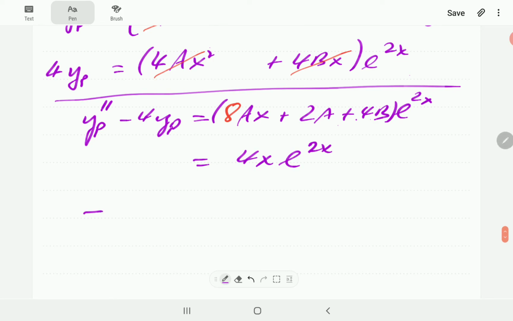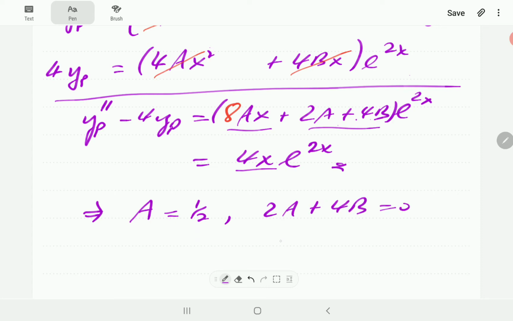And then when we compare the coefficients, the x term and the x term must match. So that tells us that a must be equal to 1/2. Then this term must be equal to 0 because we don't have such a term this side. So plugging in a equals 1/2, the equation is going to be 2a plus 4b equal to 0.